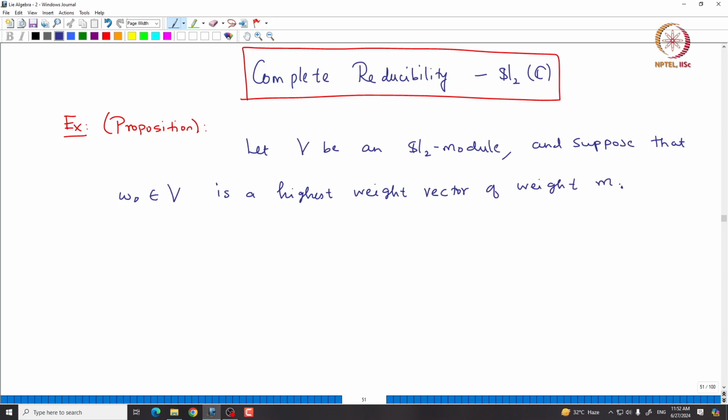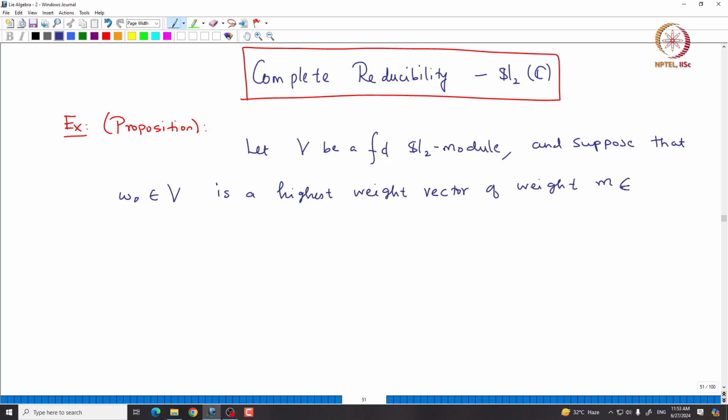So, we have V being a finite dimensional sl2 module, and suppose that W naught in V is the highest weight vector of weight m.